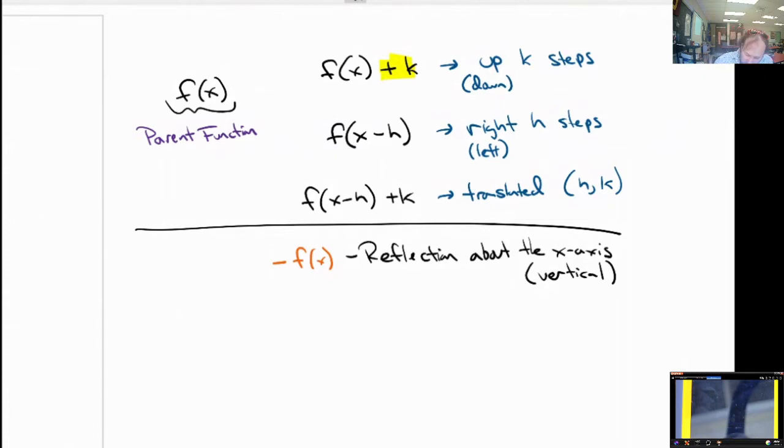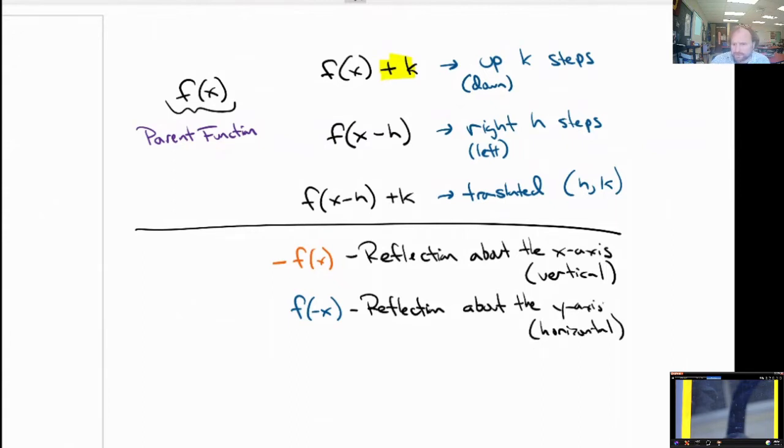You can do the same trick by using f of negative x, where you plug in the opposite of the number. This causes a reflection about the y-axis, also known as a horizontal reflection, since the point is flipping from one area to the next, like this, horizontally and vertically, like that.